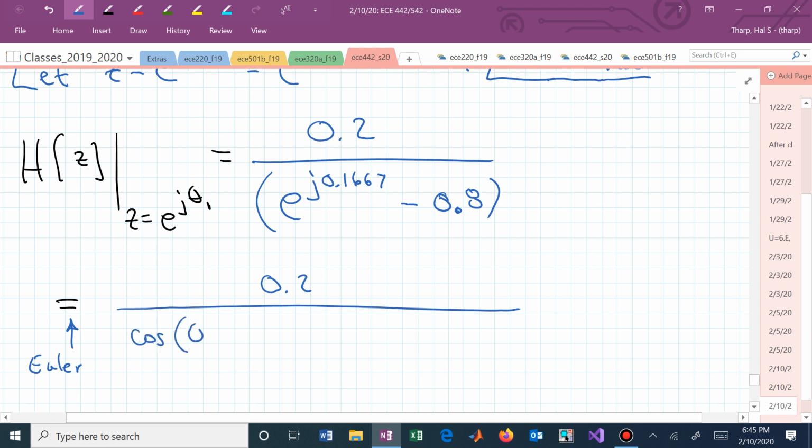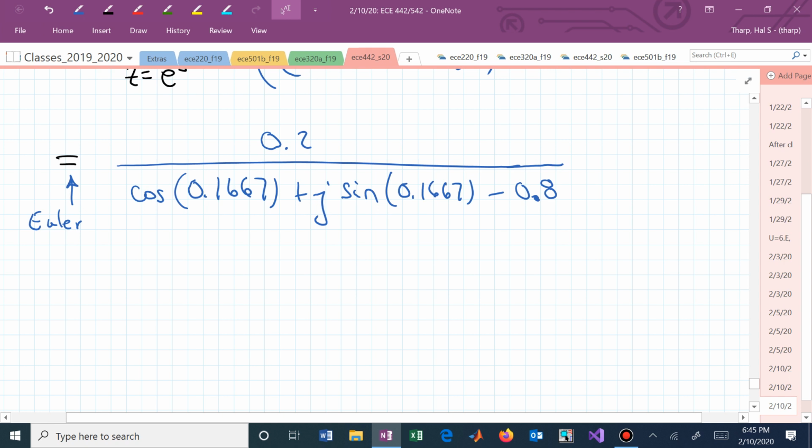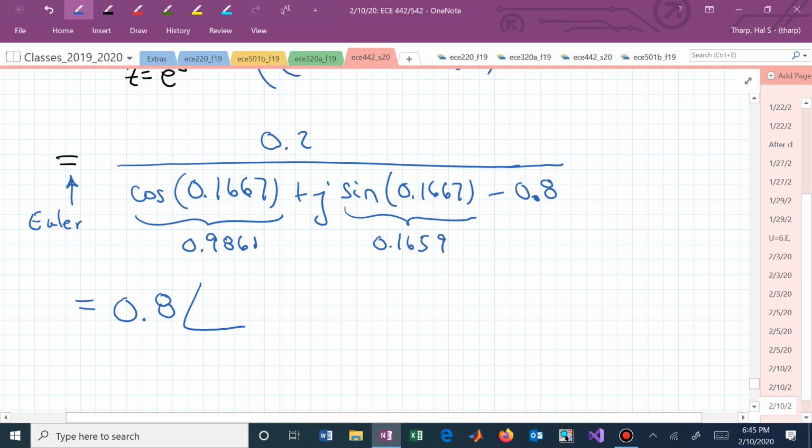So now we have the cosine of 0.1667 plus j sine of 0.1667, and make sure your calculator knows that's in radians, or you convert it to degrees. And this becomes 0.9861, almost 1, which you expected, and 0.1659. Or you end up with 0.8 at an angle of minus 41.71 degrees.